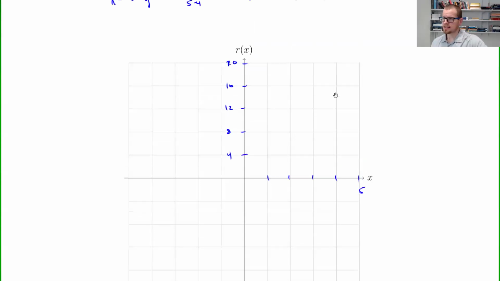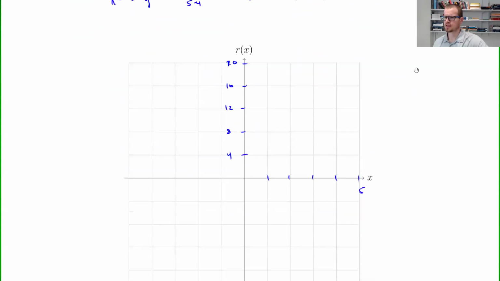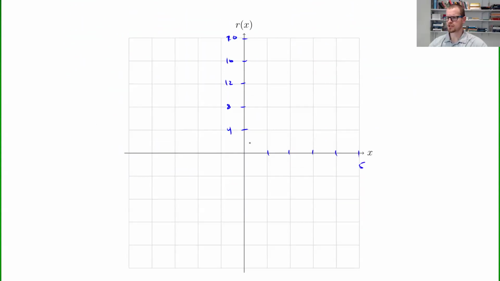So I want to plot each of these things. Let's start with the horizontal asymptotes. There are none. Slant asymptote of 2x plus 1. I'll have it crossing right here. And then for every 1 that I move over, I will move up by 2.